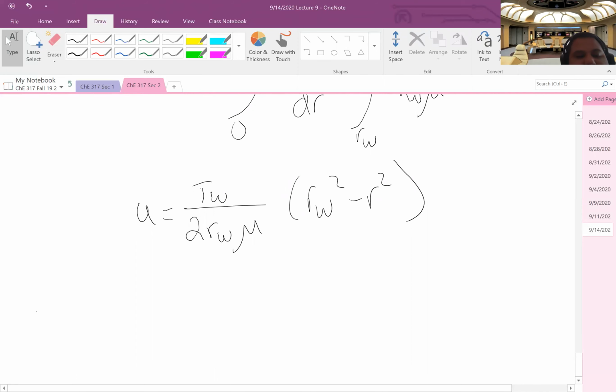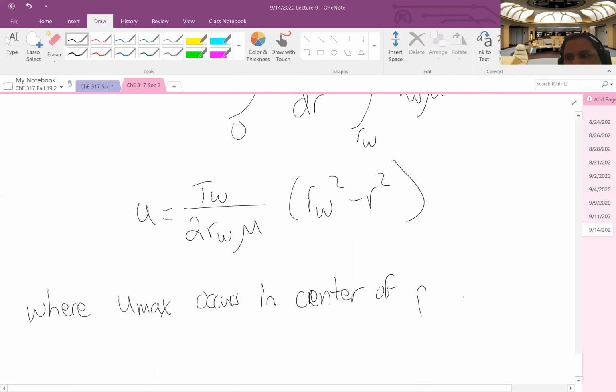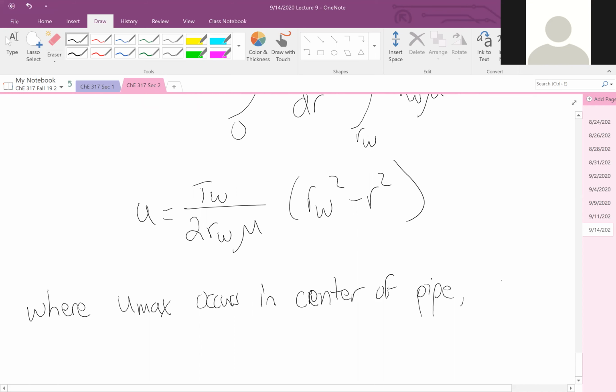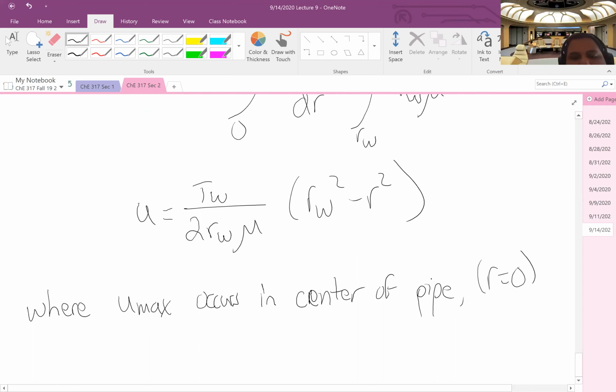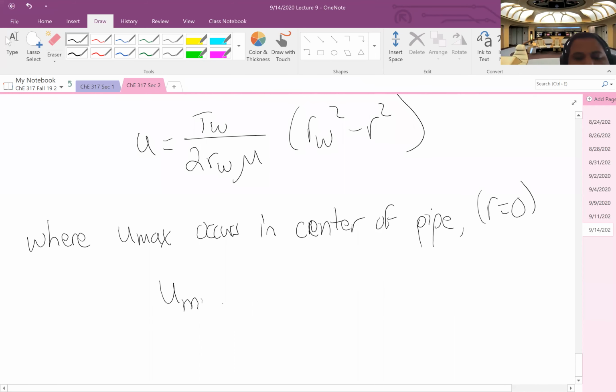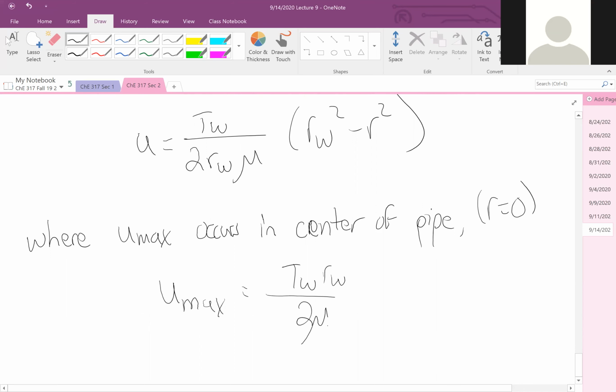And so when we're looking at the center where Umax occurs, r equals 0. And so we find that Umax is simply tau w rw over 2 mu.